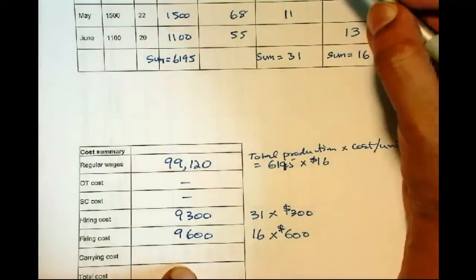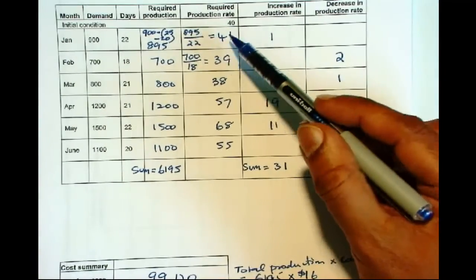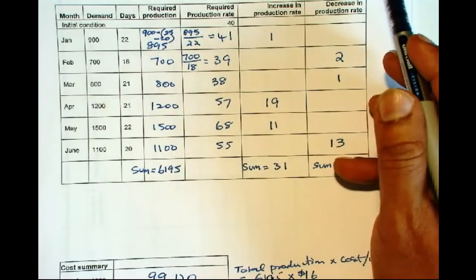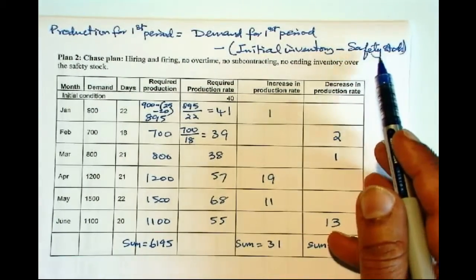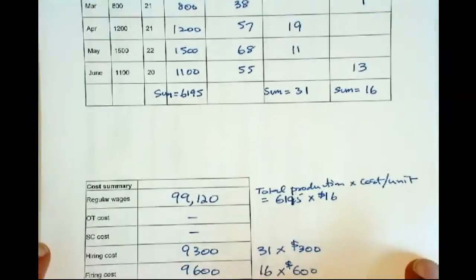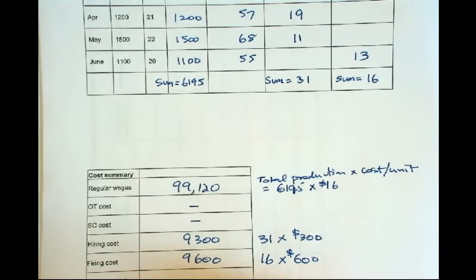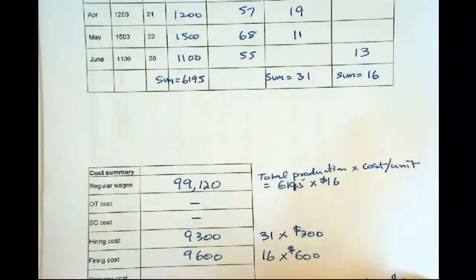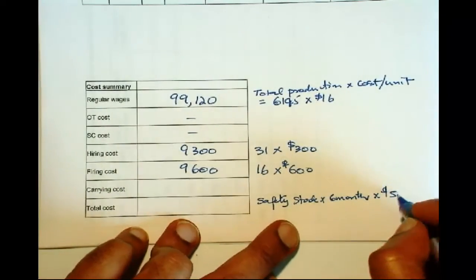Carrying cost, even though we are not going to have any inventory increases or decreases from month to month, but we have the safety stock. So there is a safety stock of 20 units. So that will be safety stock times 6 months times $5 per unit per month.